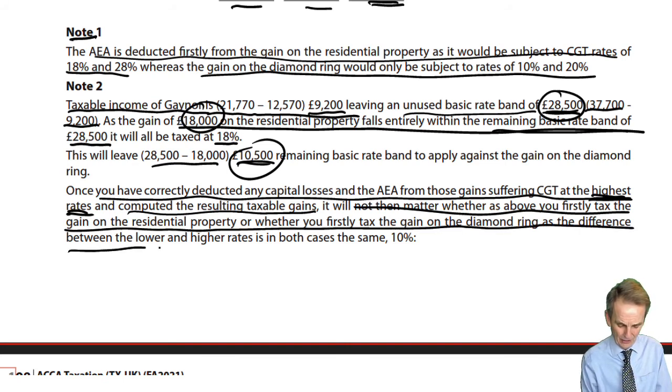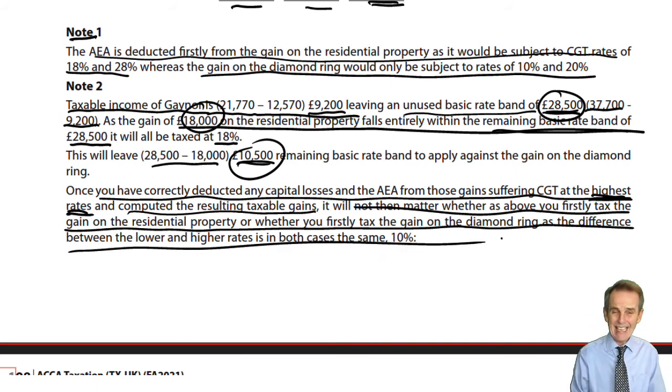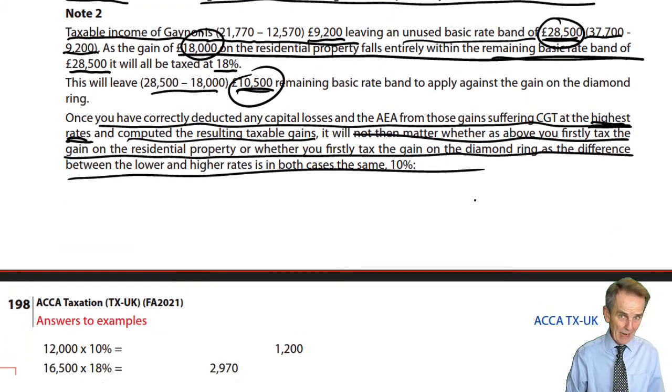The reason is the difference between the higher and the lower rates in both cases is the same. It's 10% compared to 20%. It's 18 compared to 28. So there's a differential of 10% between each set of lower and higher rates. So it doesn't matter which you use first.